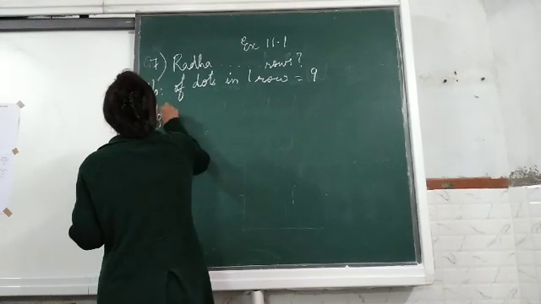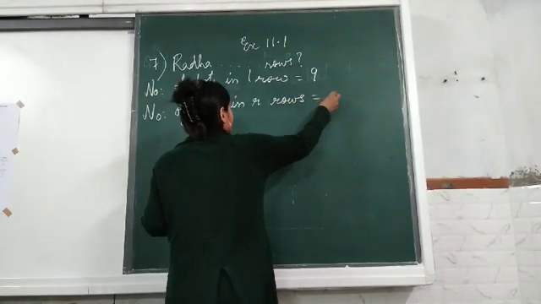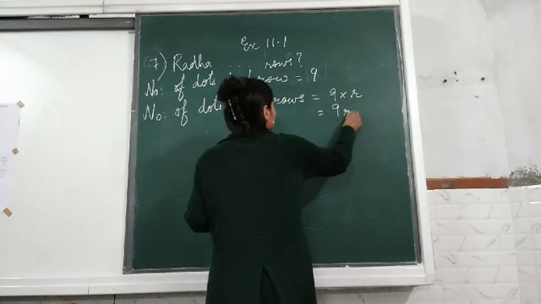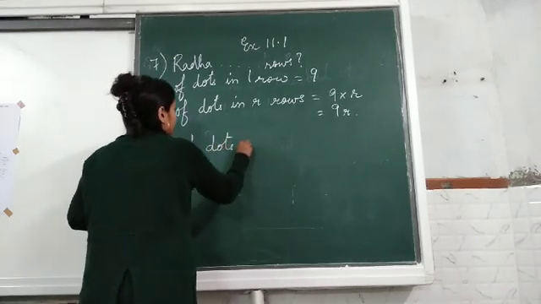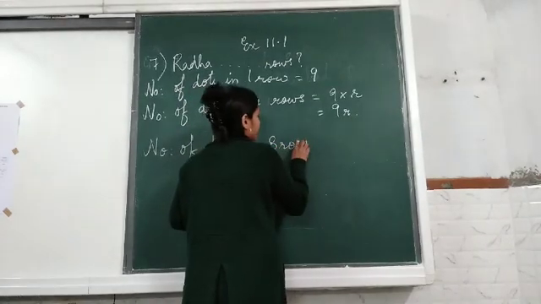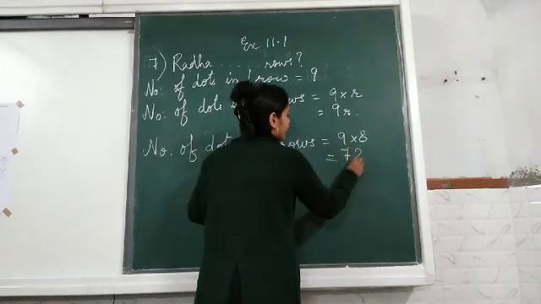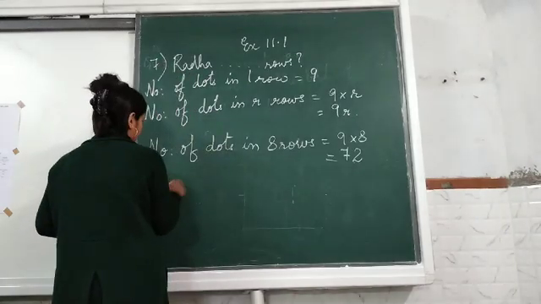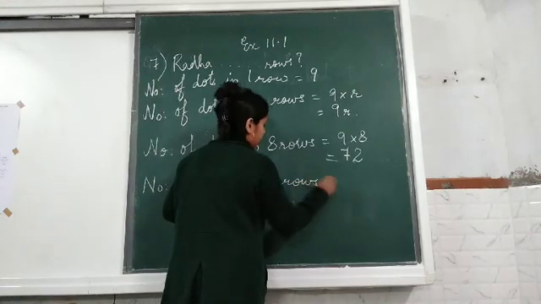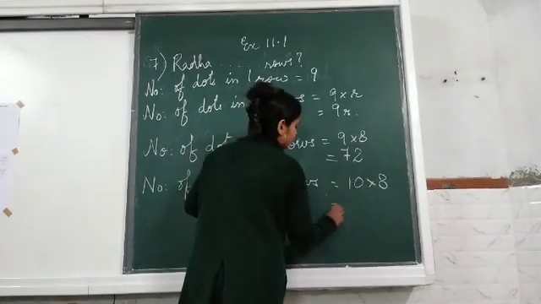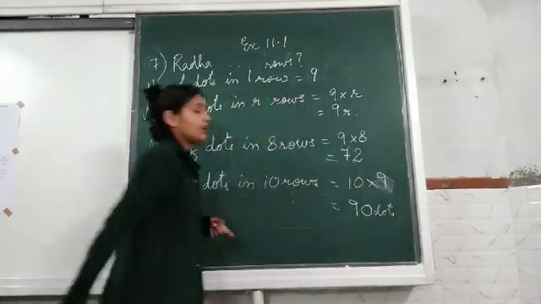So number of dots in R rows, that is 9 into R, is equal to 9R. 90 dots.